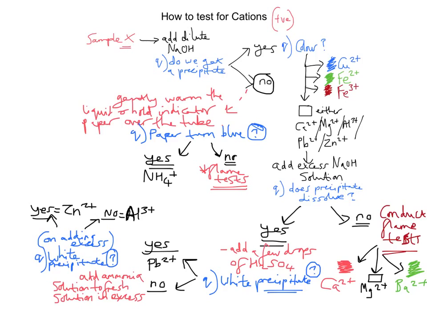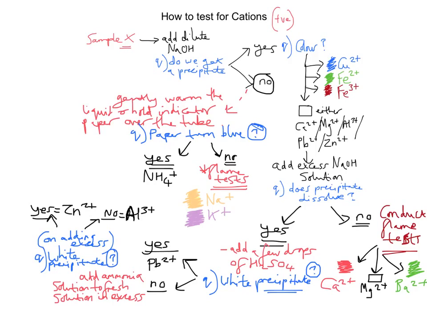If we do a flame test and that flame test happens to give a yellow result, if it comes out yellow, then what we've identified is sodium, Na+. If though, upon a flame test, we get a lilac colour, if it burns with a lilac colour, then what we've identified is K+, or the potassium cation.